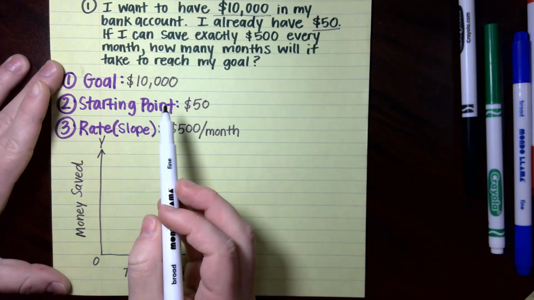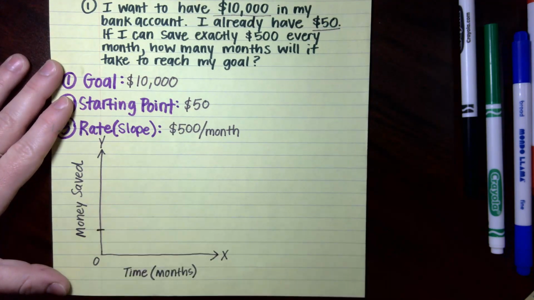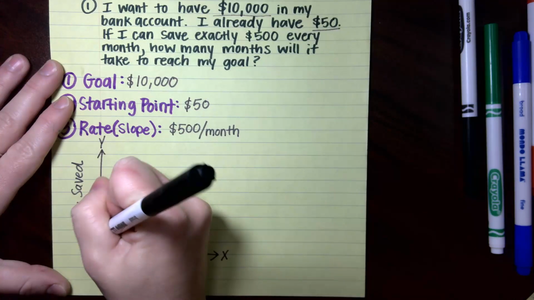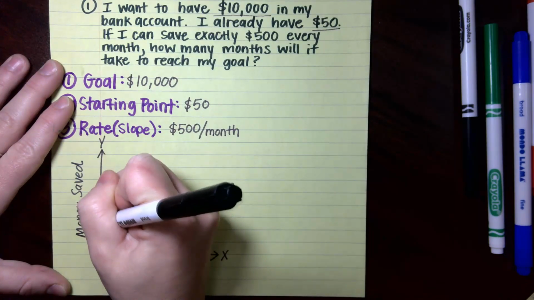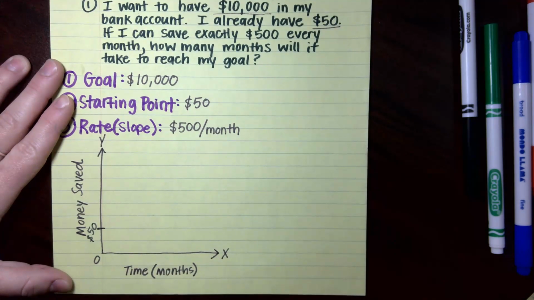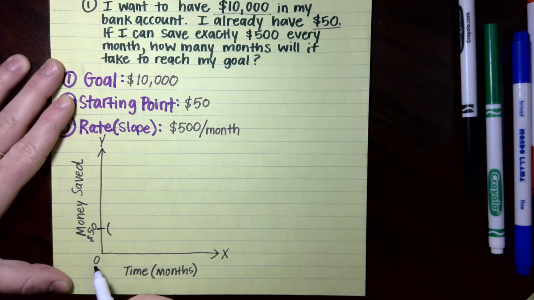My starting point is that $50. So it doesn't matter where I put this point. I'm just going to put it somewhere on there, and I'm going to say that at 0 months, I have $50. So if we were going to label this as a coordinate, I would say x is what?